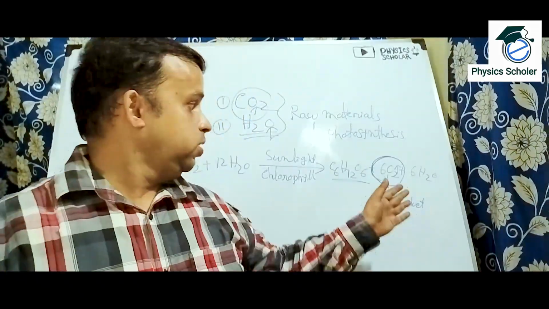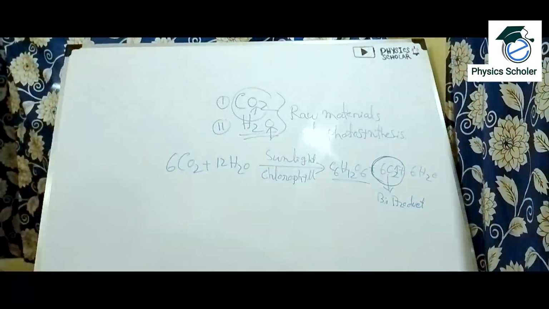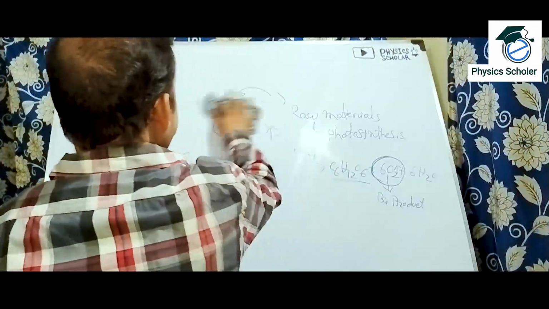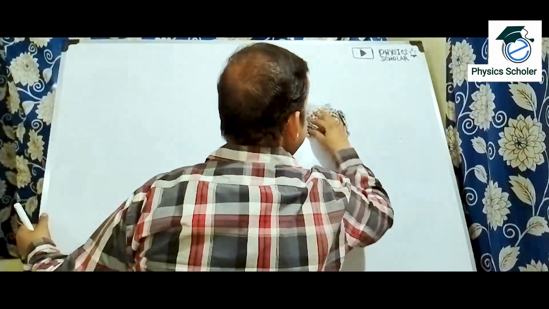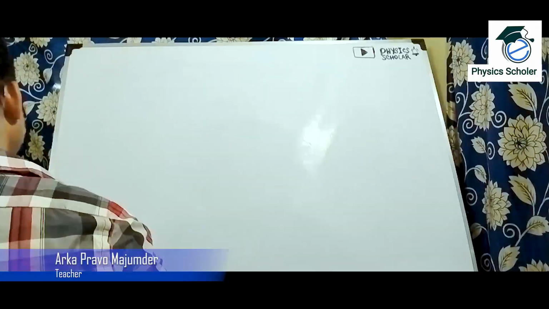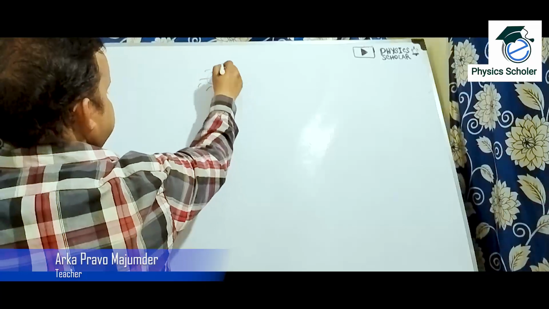So I think you know this reaction. Now let me discuss a little bit of detail about photosynthesis. First, all of you understand, the sun is the ultimate source of energy, that we know.